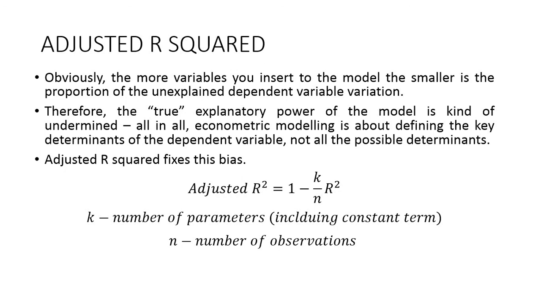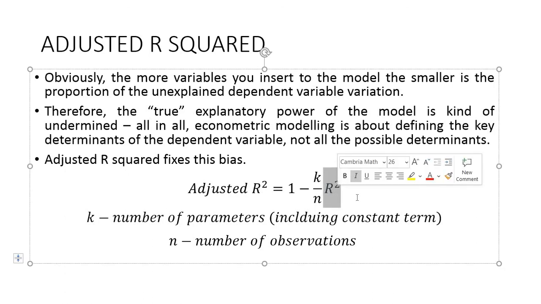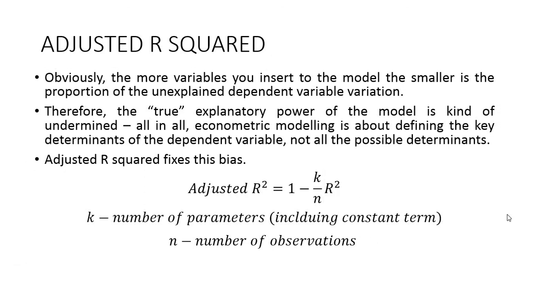It's calculated as the product of R squared, you remember the formula for R squared, at least I hope so, and the difference between 1 and the ratio of k and n, where k stands for the number of parameters and n stands for the number of observations. So adjusted R squared will increase with R squared, but decrease with the number of parameters, which produces a more realistic measure of model fit.